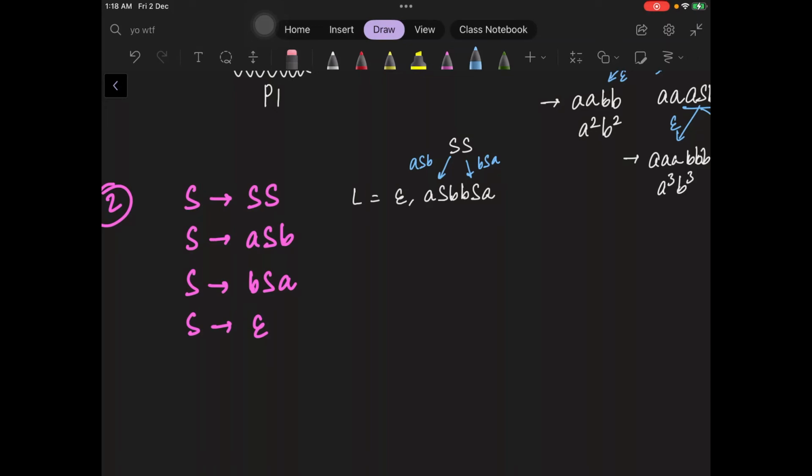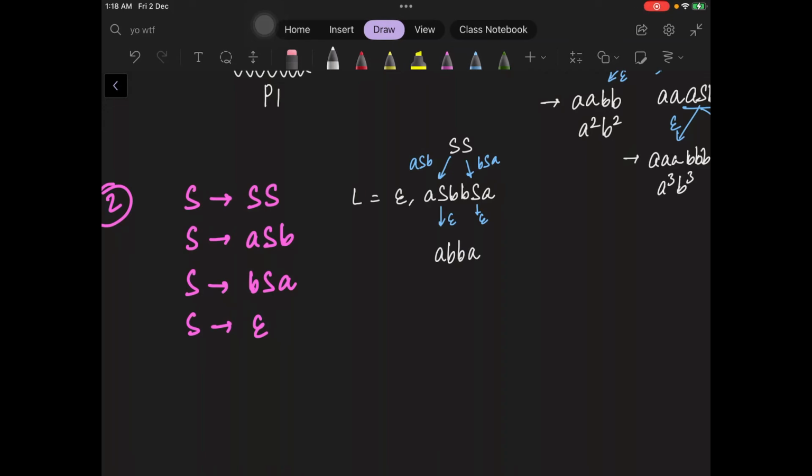And now if we assume that each S is being substituted by epsilon, we get another shortest one that we can assume as ABBA.